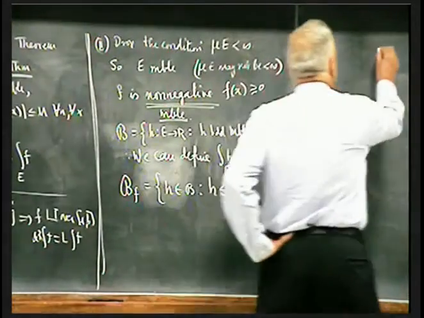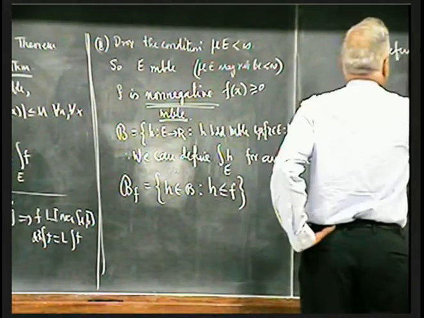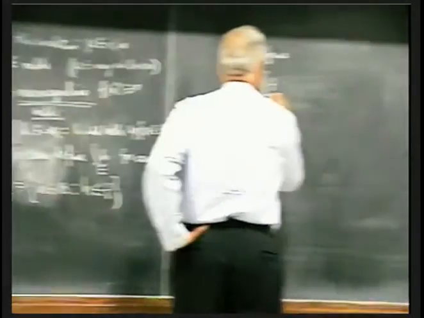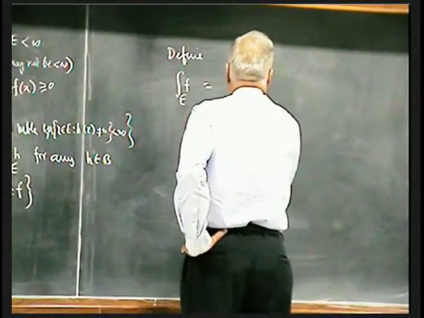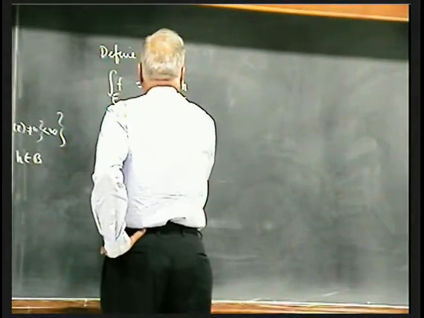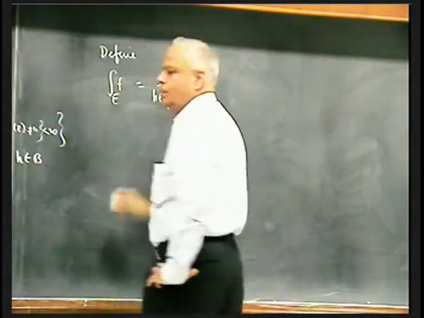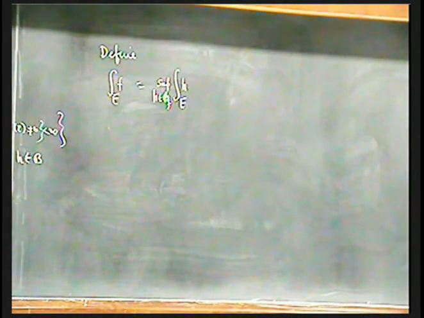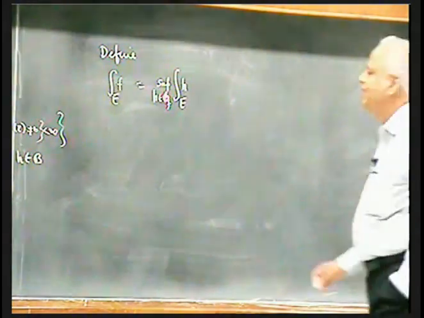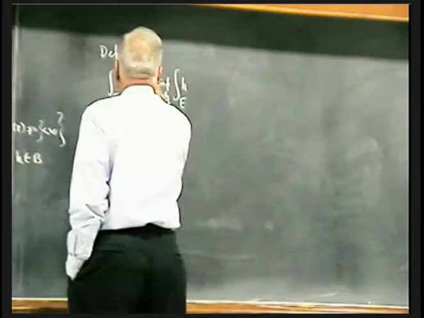We define the integral of f over E to be the supremum of the integral of h over E, over h belonging to B_f. All the h's which are underestimating f, their integrals, and we take the best of all those underestimated integrals. This is how the integral of f is defined.